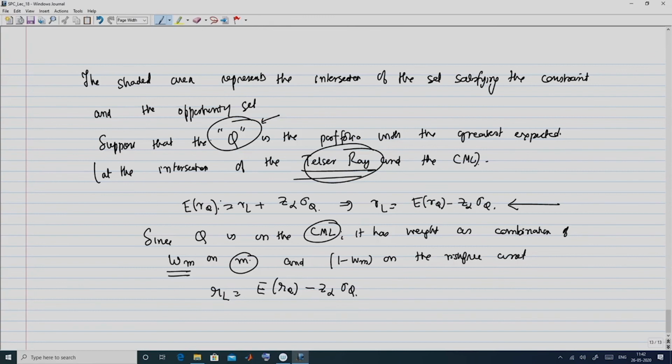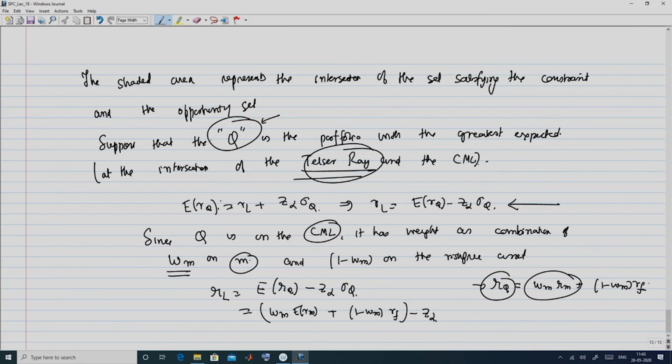Now, since Q is on the CML, RQ is simply going to be Wm Rm plus 1 minus Wm Rf. So the expected value of RQ is Wm E of Rm plus 1 minus Wm into Rf. So this term is taken care of, minus Z alpha sigma Q, and here sigma Q is simply going to be the standard deviation of this term, because the constant term will vanish and the cross term is going to vanish.